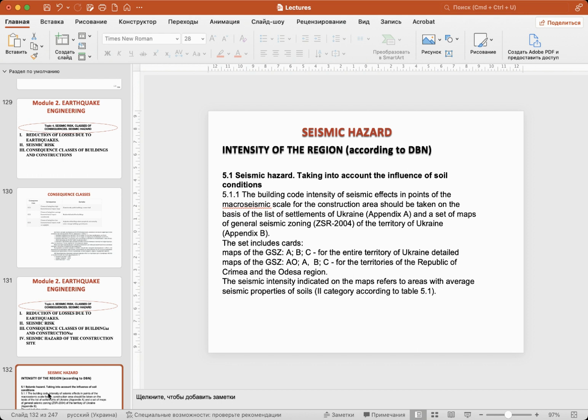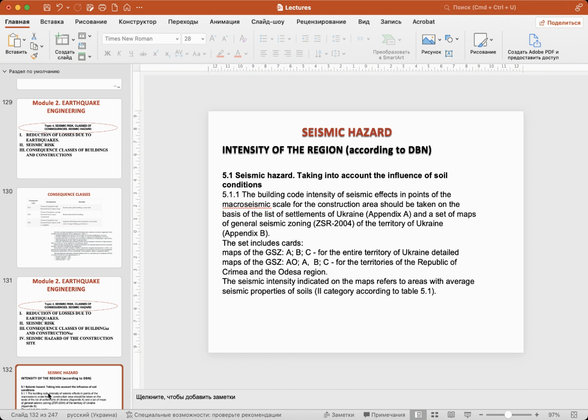And it is connected with the maps of Ukraine's seismic hazard. What is the goal of that map? So first of all, when we are talking about definition of the intensity of the region, for example, what intensity in Lviv or in Chernovtsi or in Kharkiv, we have to know how to define that intensity.